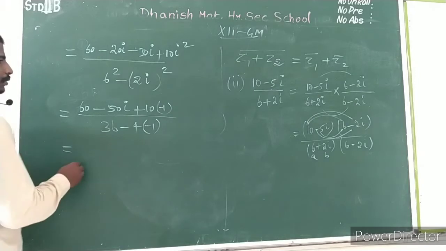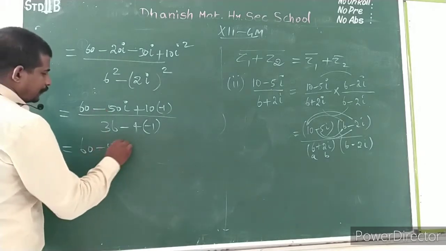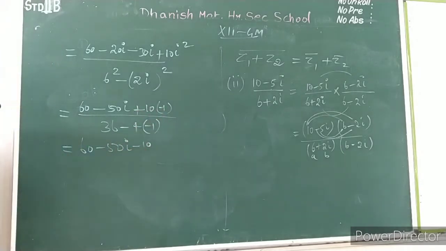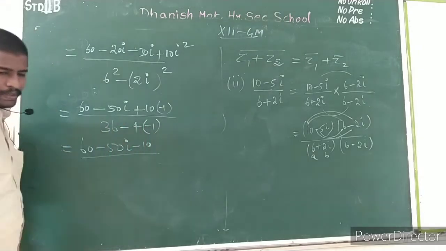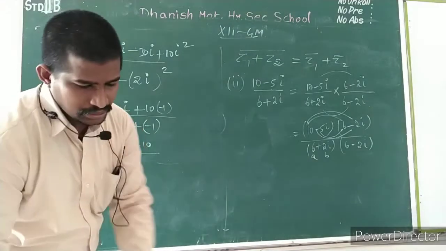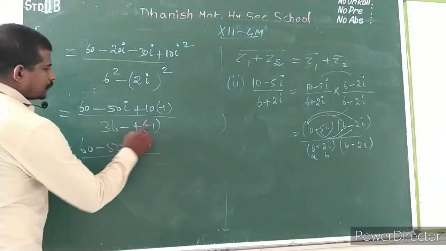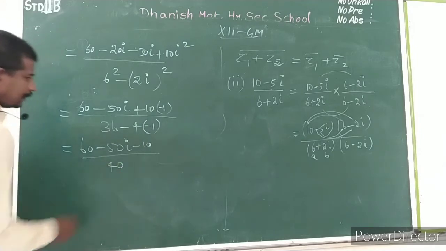Now this is equal to 60 minus 50i, here we are having plus into minus, minus 10 into 1, 10, divided by, here we are having minus into minus plus, that is 36 plus 4, 40.